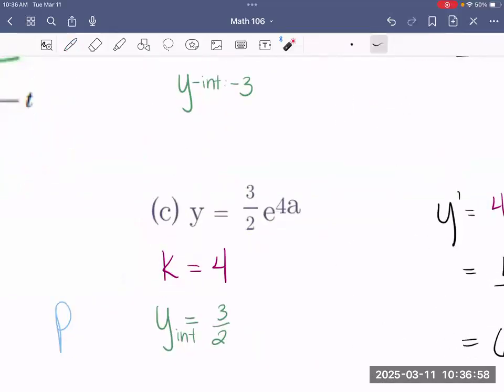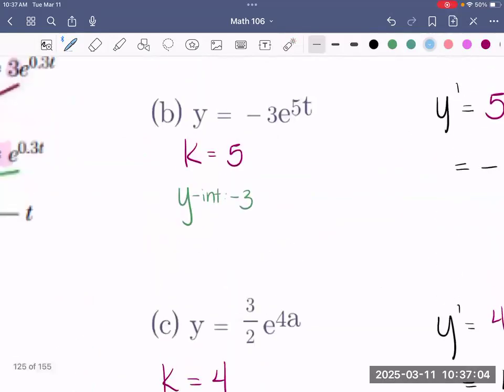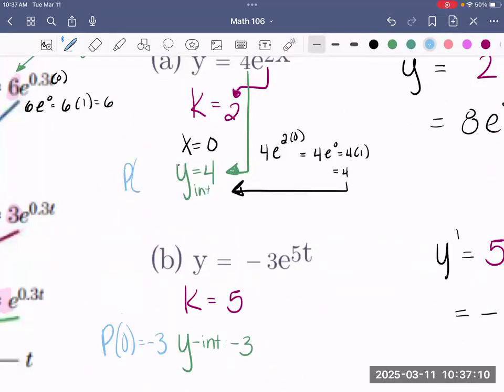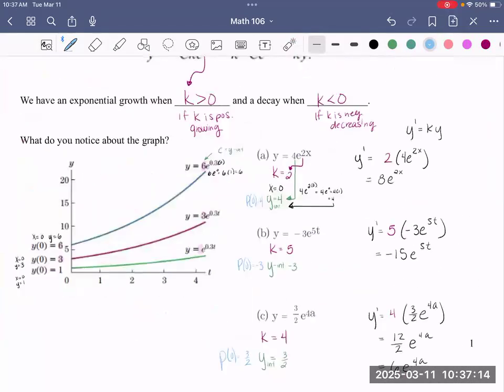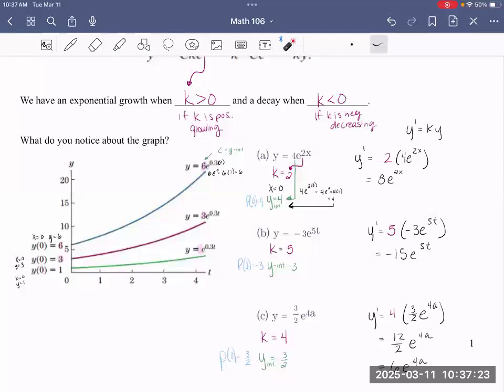We'll just say this is p of 0 is equal to 3/2, or p of 0 is equal to -3, or p of 0 is equal to 4. So just in case you see it, it doesn't shock you in the future. If they're giving you something like this, keep in mind they're just telling you where your initial value is starting.